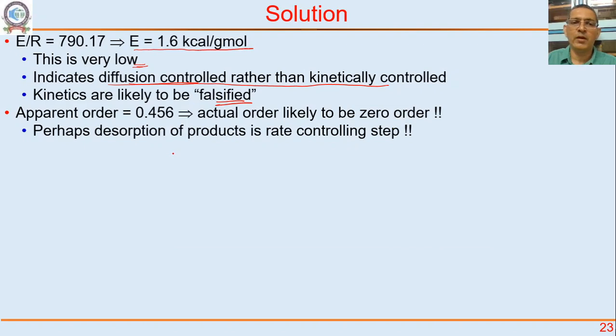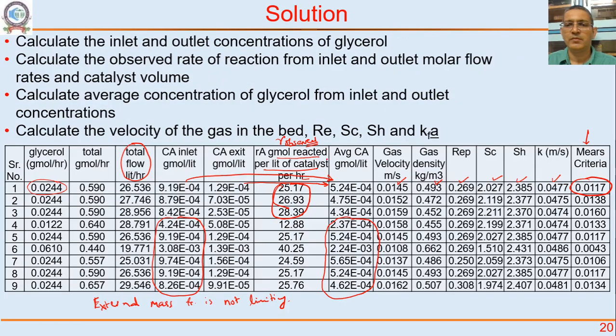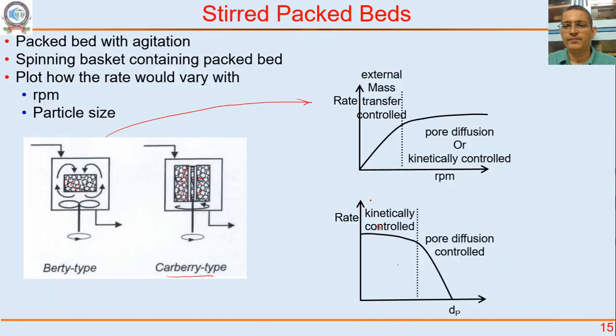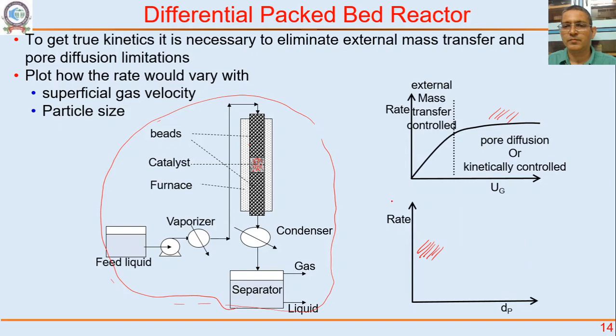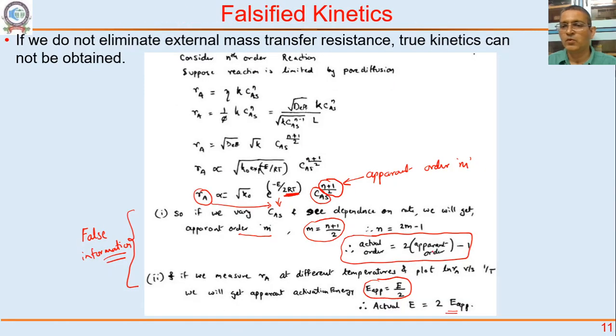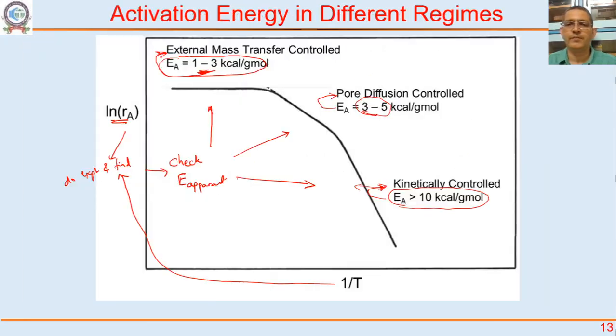So what is the actual order? What is the relationship between actual order and apparent order? Go back to lecture. See for yourself. Actual order is two times apparent order minus 1.